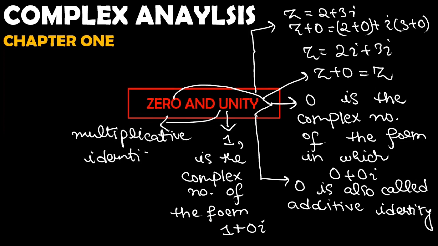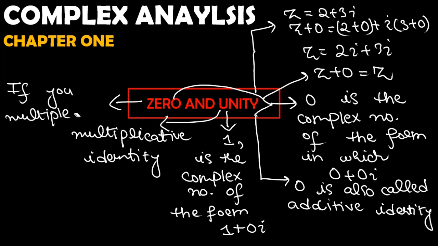How is it a multiplicative identity? Because if you multiply any complex number with 1, you get back that complex number.